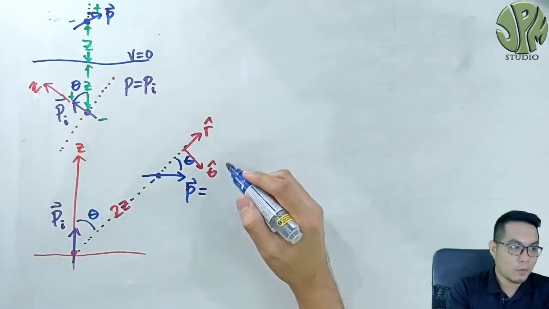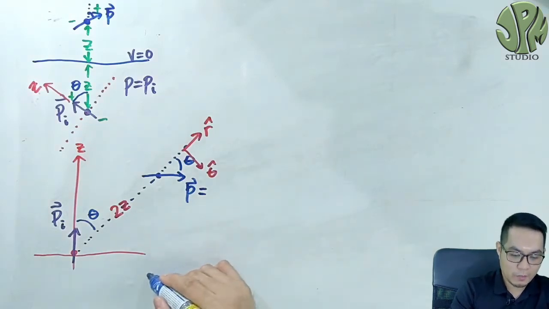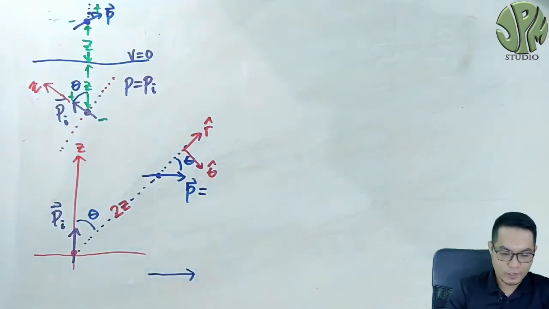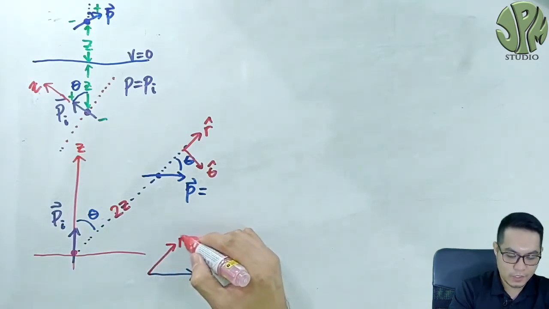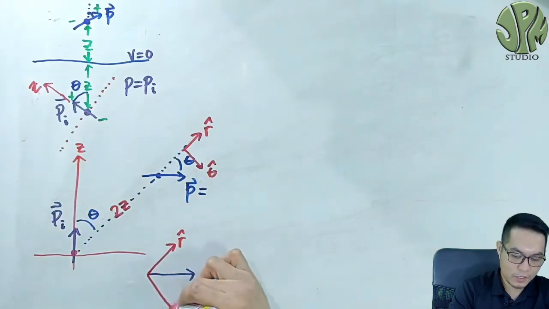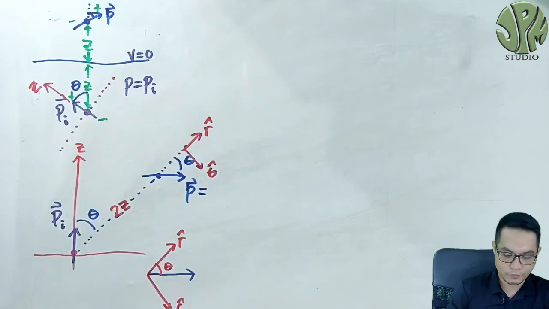Okay, so with that, I'm just going to rewrite our dipole. This is our dipole, and these are its own coordinate system. The r hat coordinate of the dipole. This is the theta hat coordinate of the dipole. This is 90 degrees, and this angle here is theta.